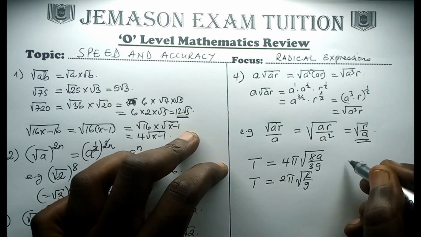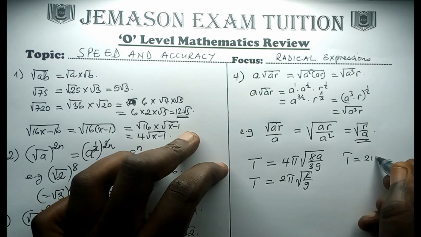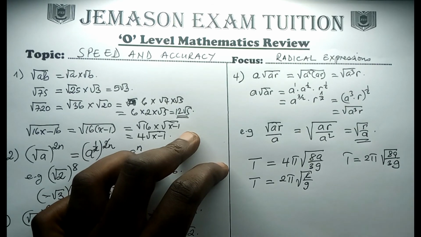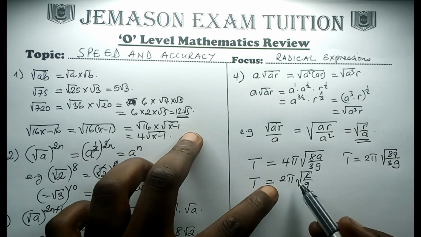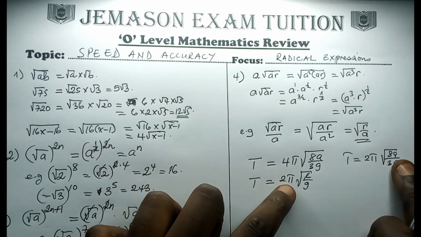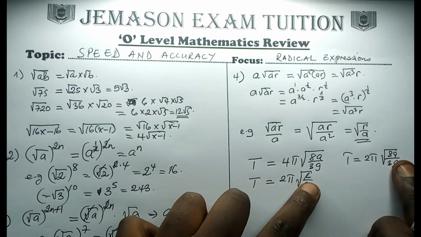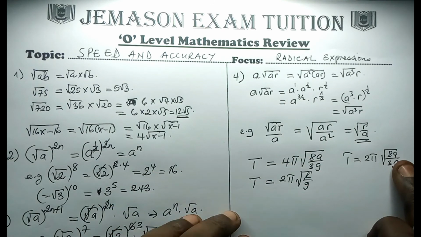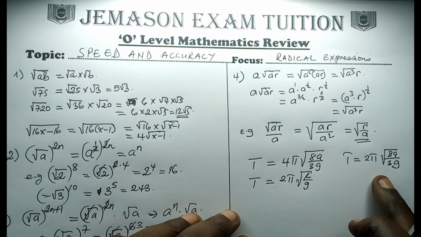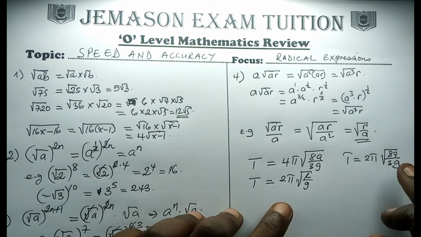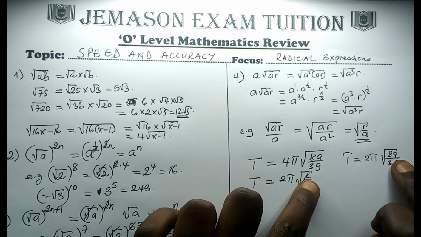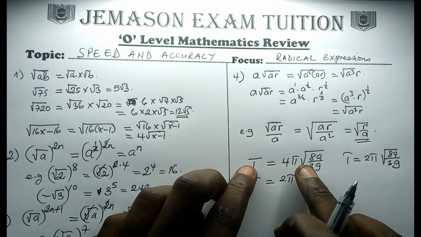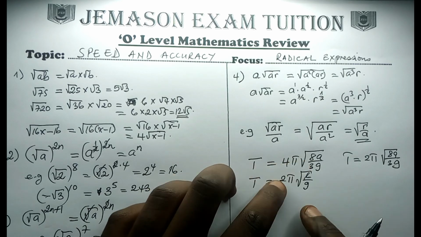If it were T equals 2 pi the root of 8a all over 3g, when I compare with this, I simply cover the g, cover it here, and I get L here as 8a over 3. Usually in multiple choice questions, that is where you get these type of questions. And it's easy to just read the equivalent length by covering the g's, and then L just gives 8a over 3. But the situation we have is 4 pi in front and not 2 pi.